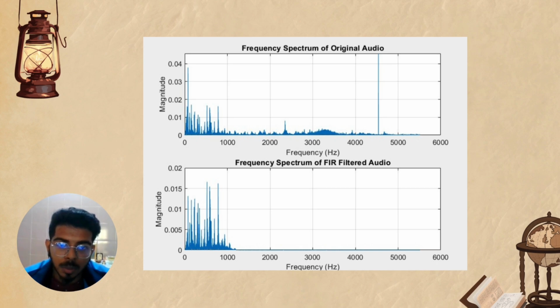And after filtering, the spectrum of the filtered signal reveals a significant reduction in the amplitude of frequencies within the target noise band, which is 200 Hz to 2 kHz, while the other frequency components remain relatively unaffected.